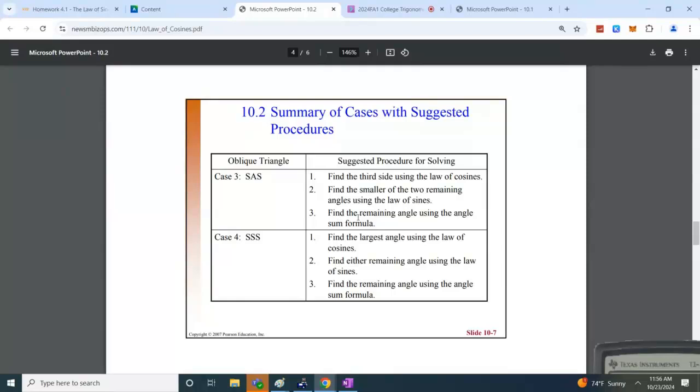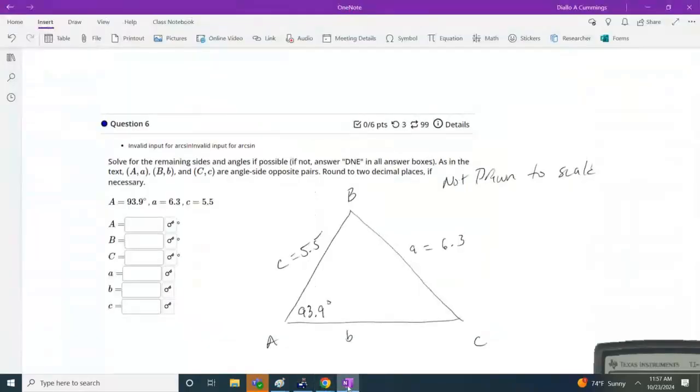As we work through the problems going forward, I'm going to use these suggested procedures, starting with problem number 6.